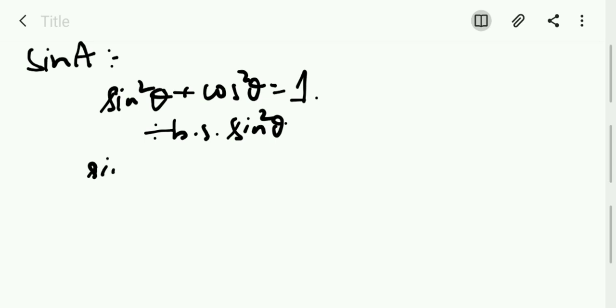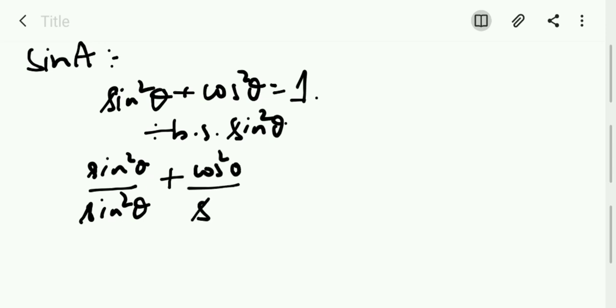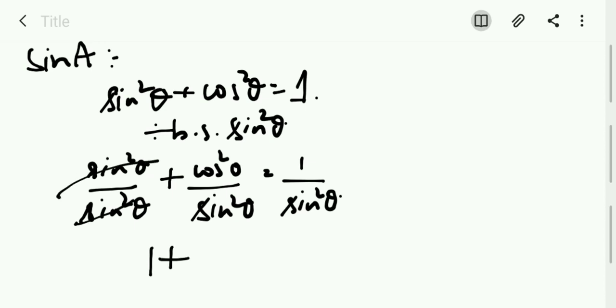Now this is sin square theta by sin square theta plus cos square theta by sin square theta is equal to 1 by sin square theta. This gets cancelled out. So 1 plus cot square theta is nothing but 1 by sin square theta.